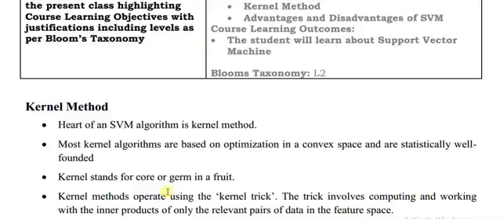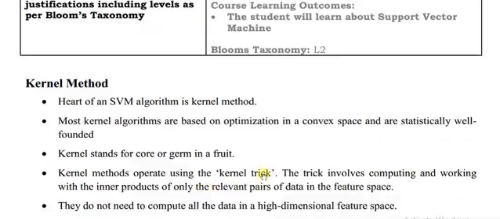Kernel is the core or germ in a fruit. Kernel methods operate using the kernel trick. The trick involves computing and working with the inner products of only the relevant pairs of data in the feature space. So here we are considering only the relevant pairs of the data in the feature space.